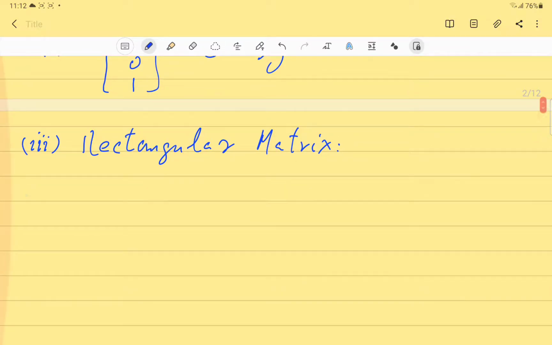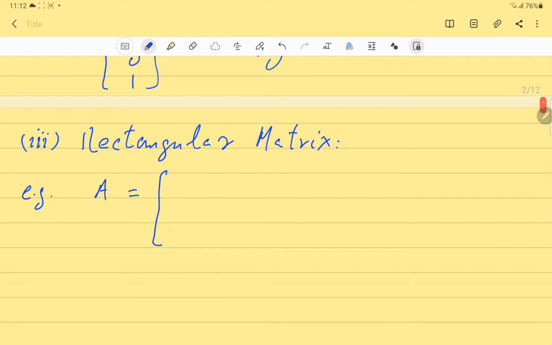Following are the examples. For example, A is equal to 1 2, 1 1, 2 7. You can see that here number of rows are 3 and number of columns are 2, which are unequal. That's why it's a rectangular matrix.